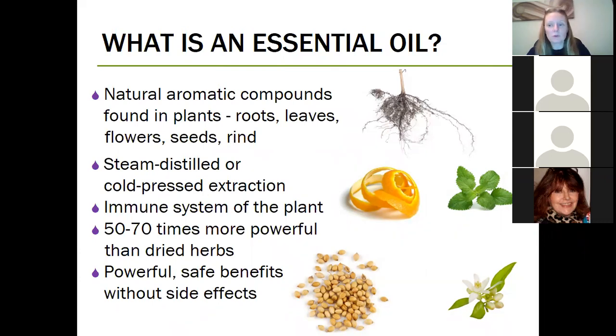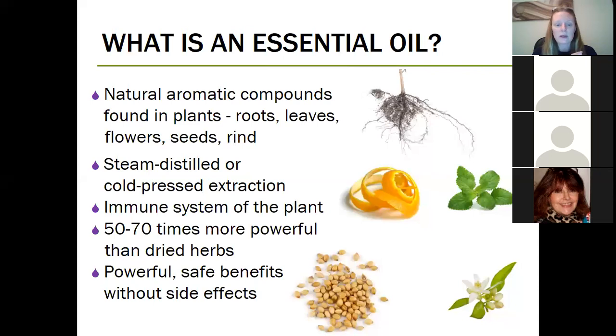It's pretty much like our bloodstream, but the plant equivalent of that. The oils are found in all aspects of the plant: the roots, leaves, flowers, seeds, rinds, like on citrus oils. The oil is extracted from the plants and bottled and then made available for us to use.